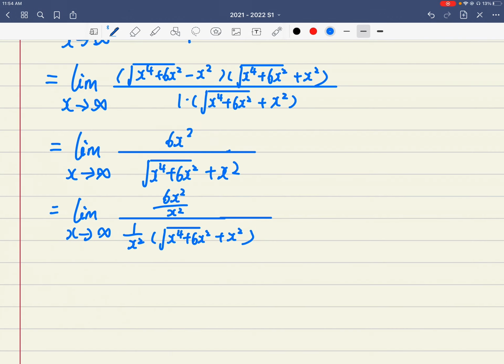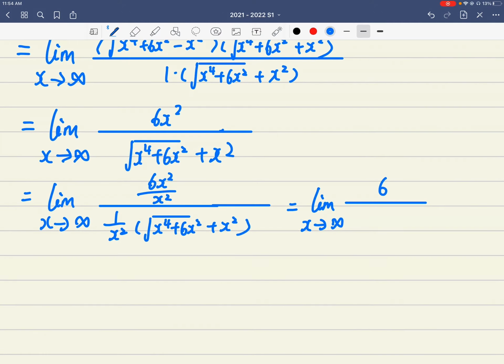Then this will be the limit as x approaches infinity of 6 over, so again, you move 1 over x squared into the square root, and since x is positive, 1 over x squared is positive. It'll be 1 over x squared times x to the power 4 plus 6x squared, plus 1.